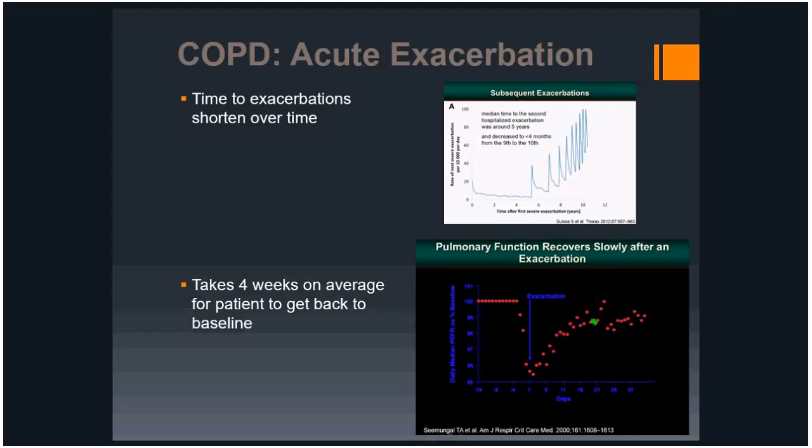Keep in mind that with acute exacerbations, time between exacerbations will shorten over time. And so when you talk about this spiraling downward progression with COPD, again, it's important for us to do our part as primary care providers with managing acute exacerbations or facilitating referral to the pulmonologist, facilitating adherence with treatment regimens.